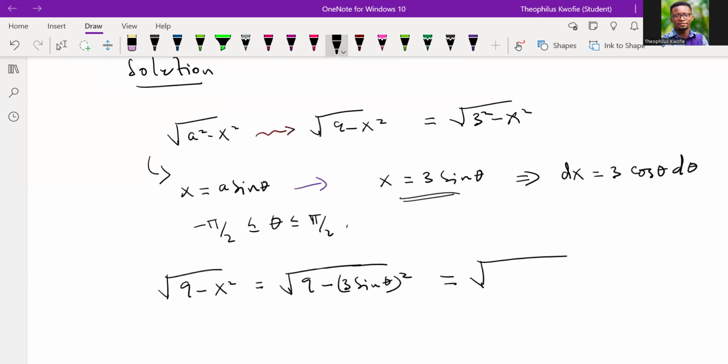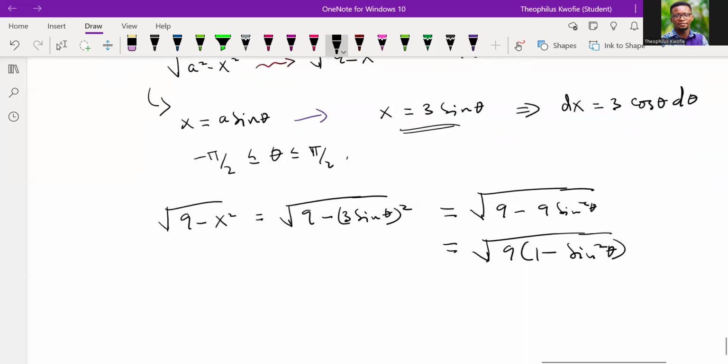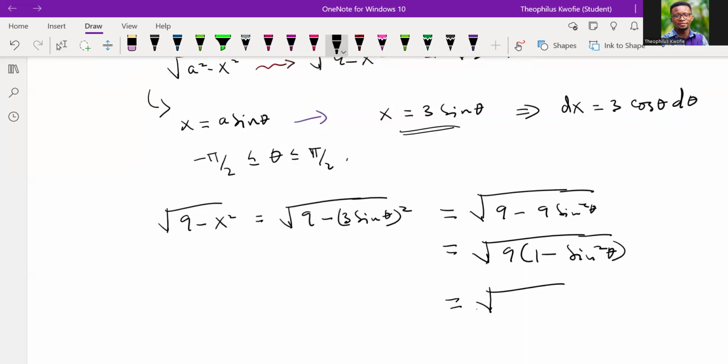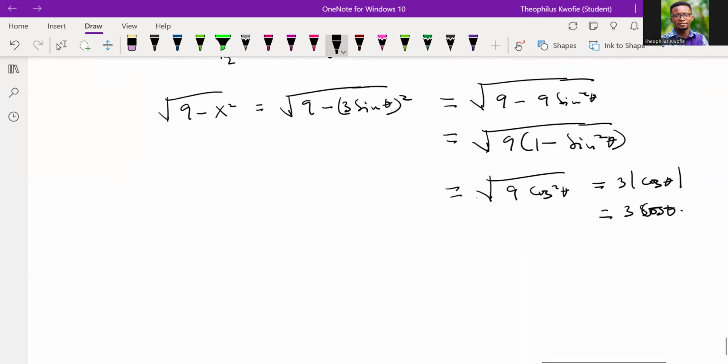And when we simplify, we're going to have 9 minus 9 sine squared theta. Now, when we factor out the 9, we're going to have something like this, okay? And when we further simplify, we should have 9 cosine squared theta. And that should give us 3 absolute cosine theta, okay? And that should give us just 3 cosine theta, okay? Very good. So we have this.